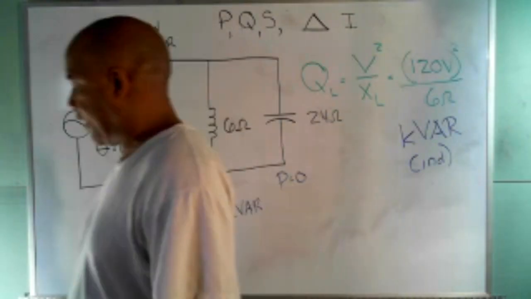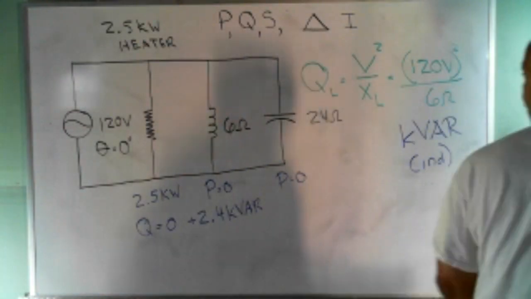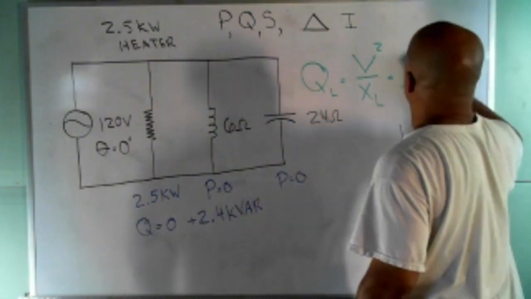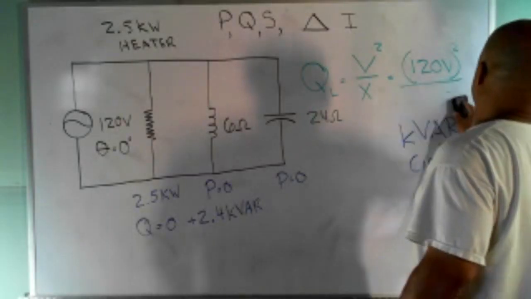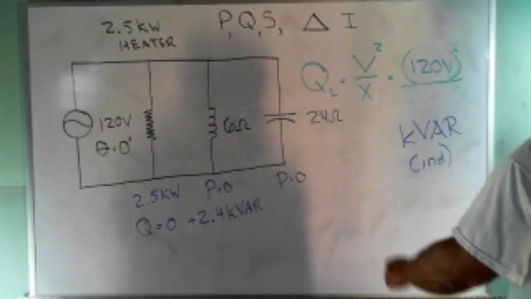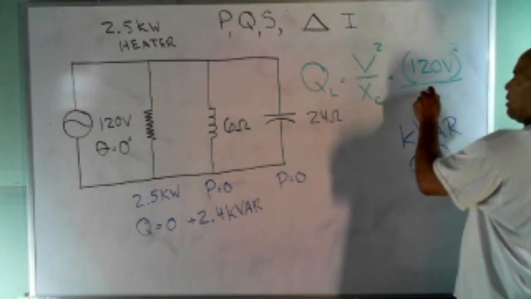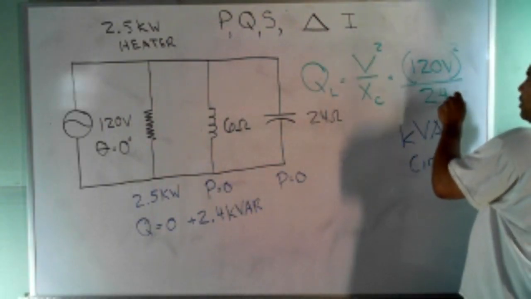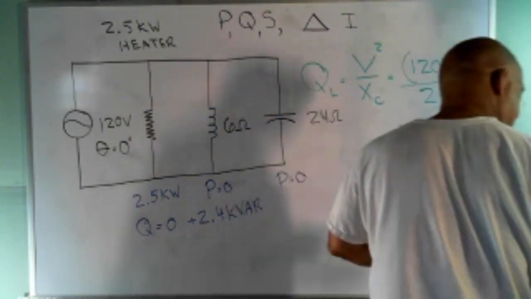So let's find QC. QC, same equation, only I'm dealing with 24 ohms. Let me know how many kilovars that is.